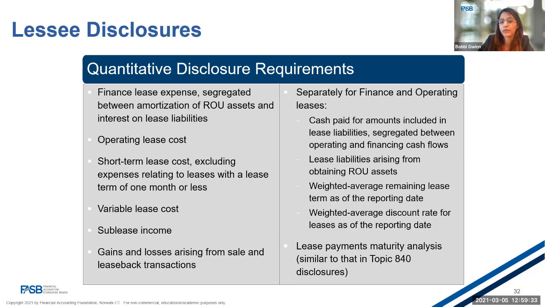And then there are weighted average remaining lease term and weighted average discount rate disclosures for leases that are required of lessees. The maturity analysis table, which provides, and if you can go to the next slide, please.